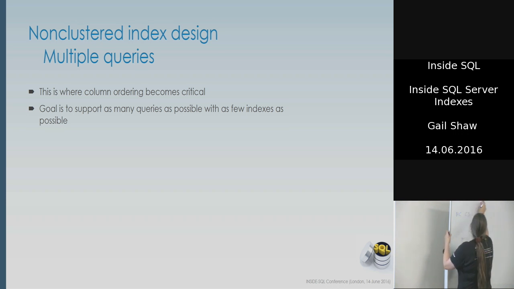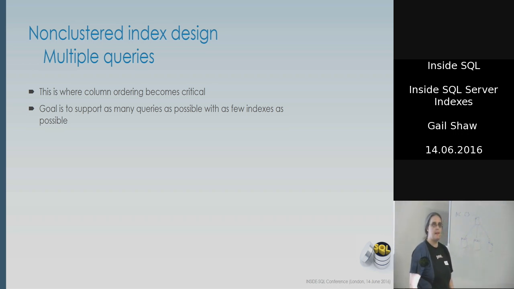It still gets C1 and the uniqueifier at the leaf levels. But the only thing that appears in the non-leaf levels is the non-clustered index key, because it's unique.